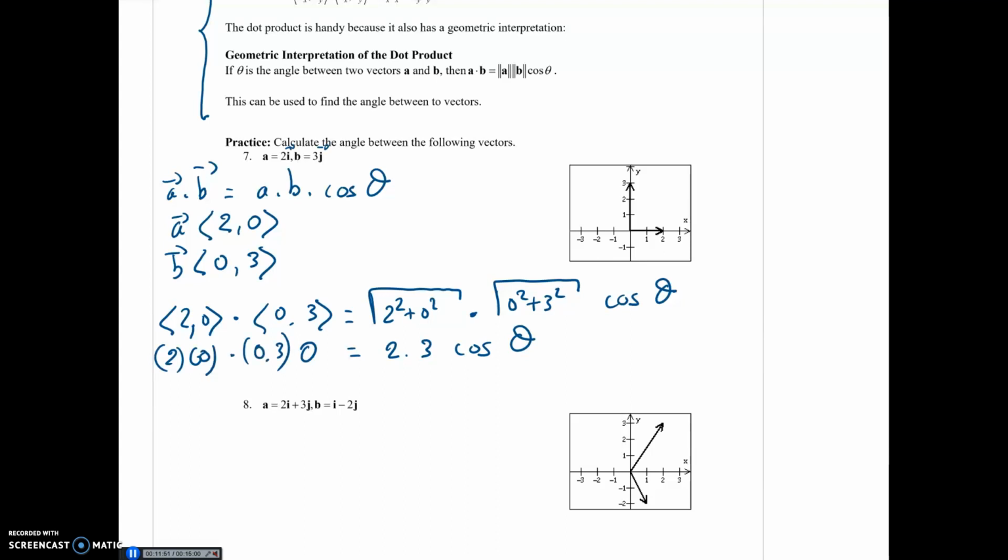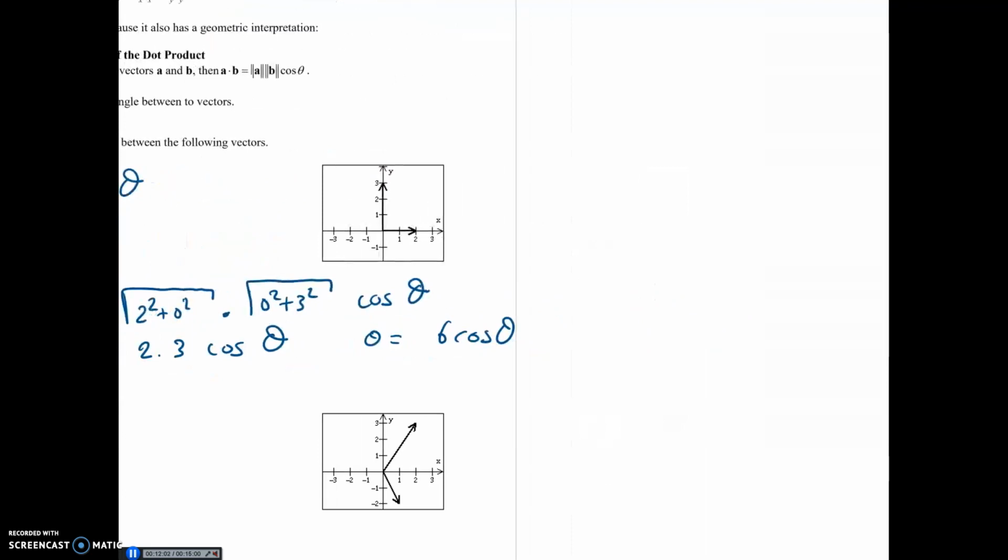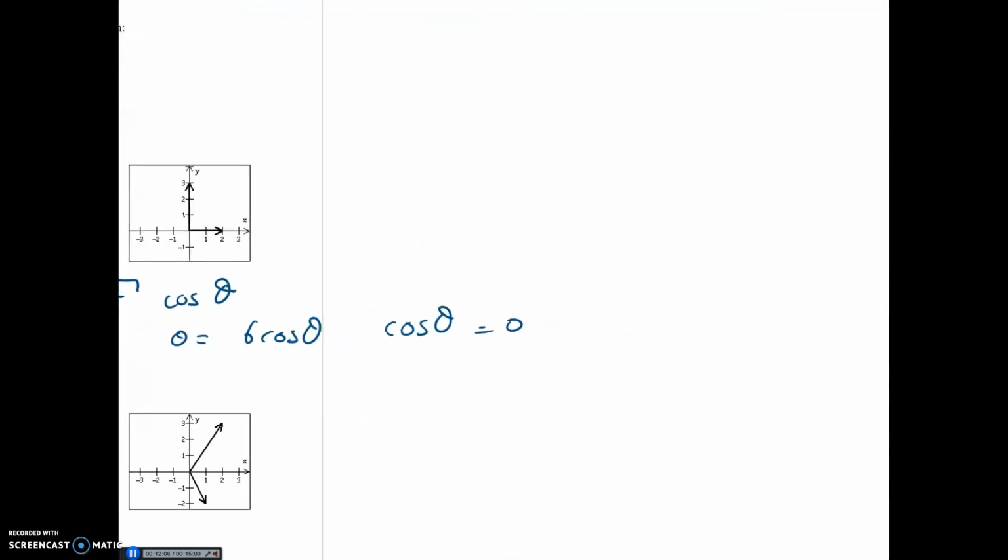So we end up with 0 equals 2 times 3 cosine theta, which is 0 equals 6 cosine theta, and the only way it's equal to 0 is if the cosine is equal to 0, and so that means the angle theta is 90 degrees.